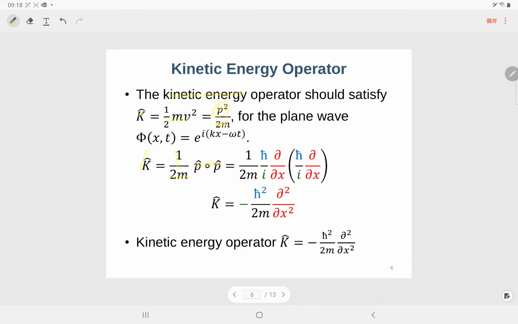We already have p hat to be h bar over i partial x, so we apply it 2 times. So finally we will have h bar squared here, and i squared will be minus 1, so we have a minus sign. And also we have 2m here, and then we have the second partial derivative with respect to x. So this is the kinetic energy operator like this.